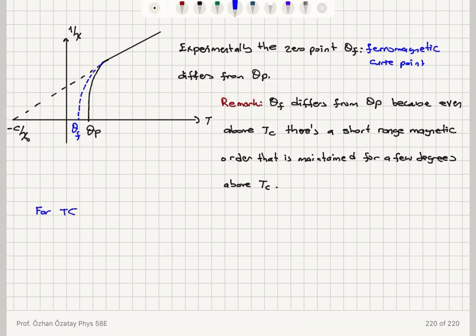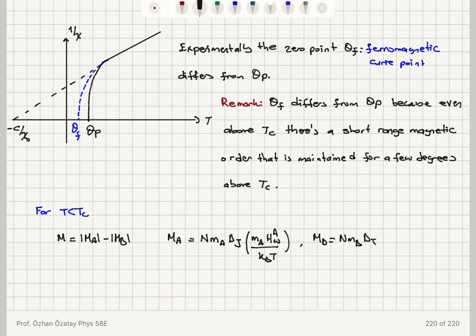For T less than Tc, we have the magnetization given as the difference between the absolute values of MA and MB, where the MA magnetization is given by the Brillouin function, which is coupled with the Weiss molecular field acting on A divided by Boltzmann constant times temperature, and the B sublattice magnetization MB by the Brillouin function with the Weiss molecular field acting on B divided by kBT, so that's the quantum version.